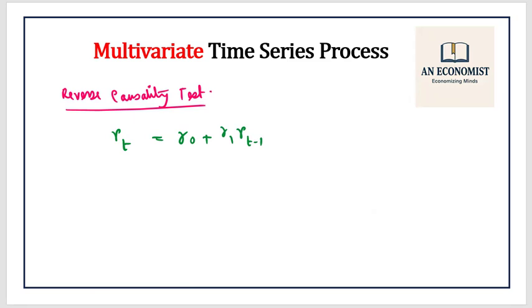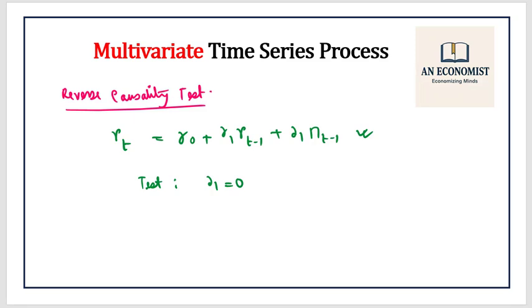So this is RT minus 1, and then you add the lag value of pi t minus 1. You fit this regression model and then test whether this delta 1 is 0 or not. If delta 1 is 0, you will say there is no Granger causality. If it is not, you will say that yes, pi t also has Granger causality on the variable RT.